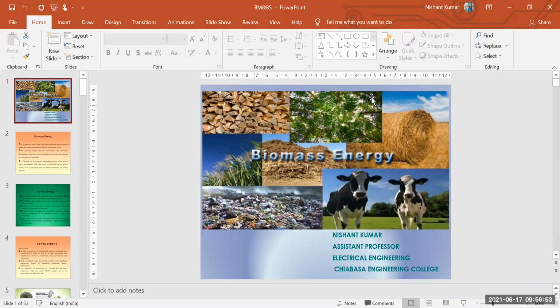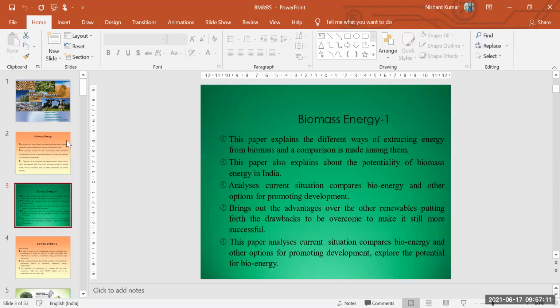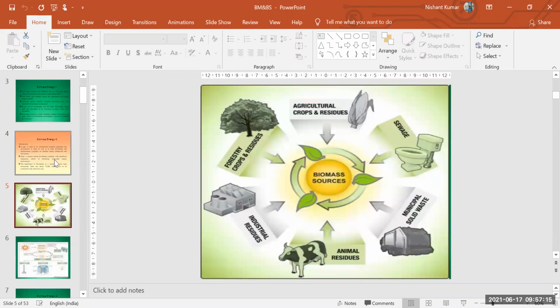Again, the plants are eaten by cattle, and the residue of these animals also acts as biomass resources. So this is what we have seen in previous classes, a complete biomass resources cycle.